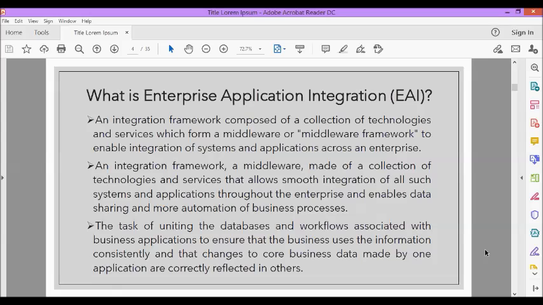So when your applications operate independently, data silos emerge. A data silo is a situation wherein only one group in an organization can access a set or source of data. This means your employees are missing information that could help them perform their job simply because they can't access it.